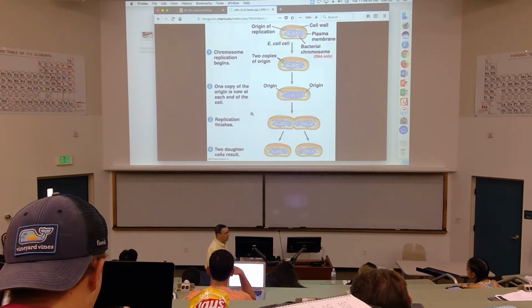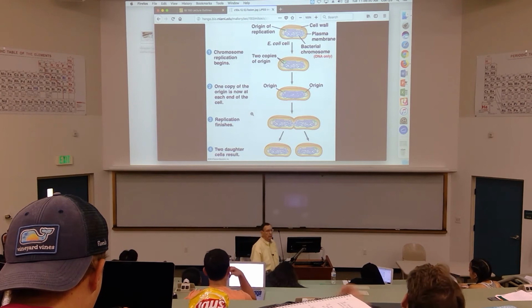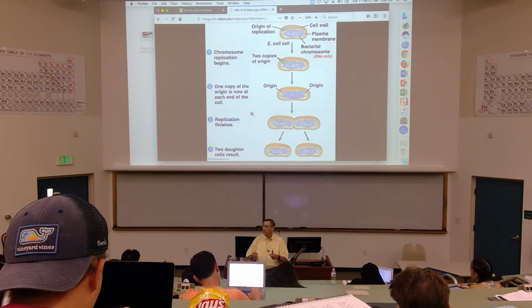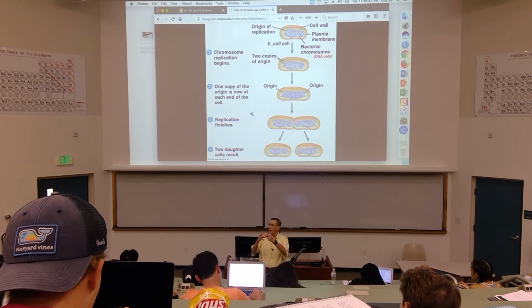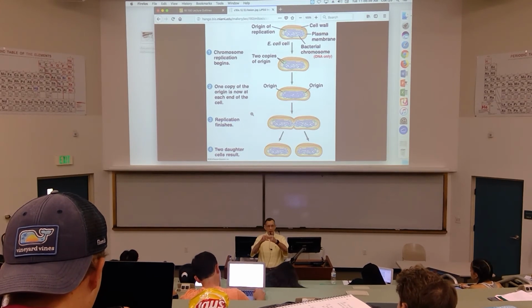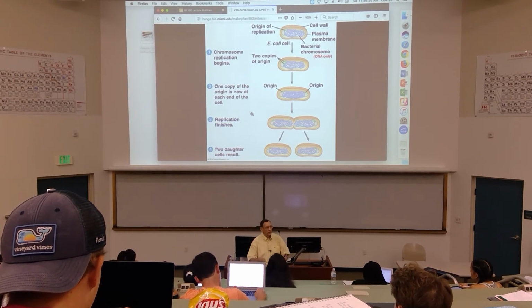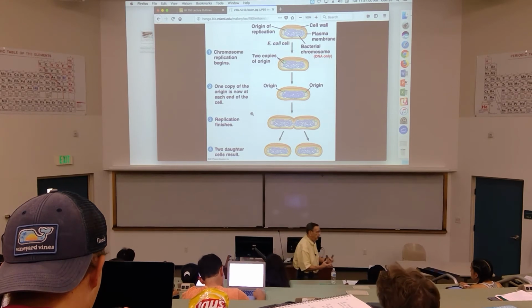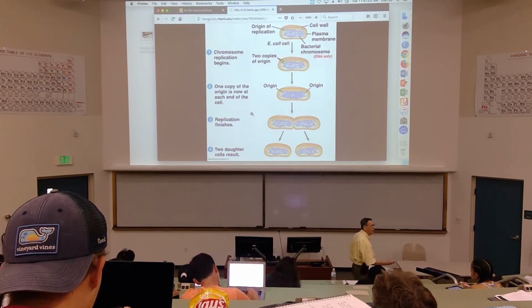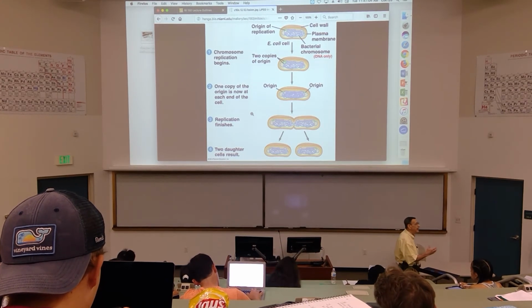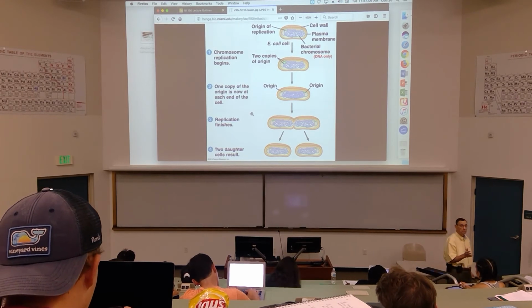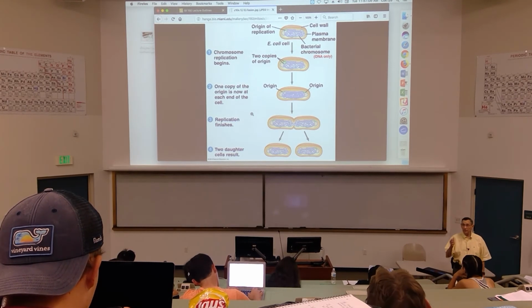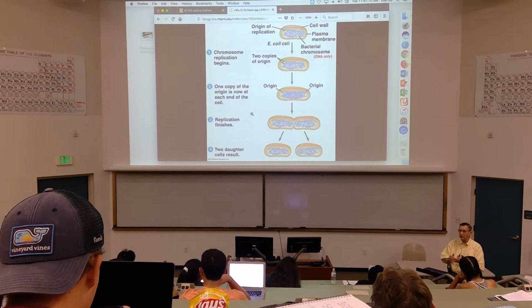Then the cell basically fizzes. It literally divides itself into two. The membrane begins to close down around and it separates the two cells into presumably equal domains. They're not absolutely equal. The DNA theoretically is identical, okay? The molecule is faithfully copied into two.